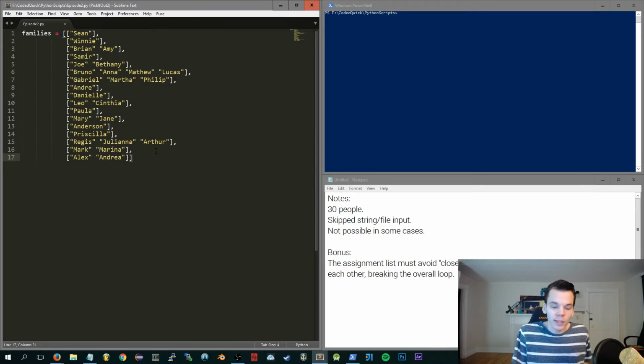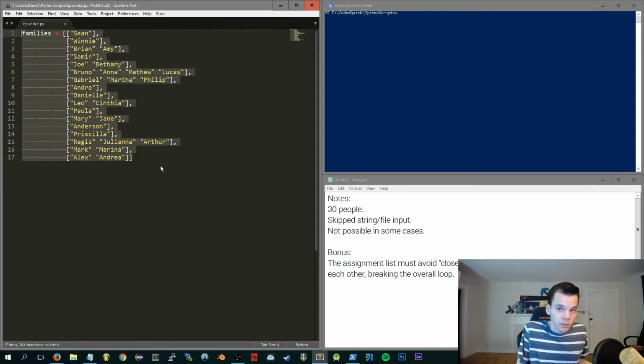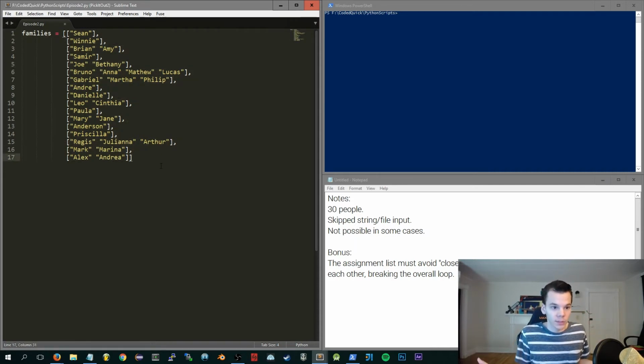Step 1 for basically every solution I could come up with was to get it into a list of lists. Each element in the list is a family, and each family is a list of strings which contain the people's names. I'm skipping that because each language can have little tricks to do it. It just doesn't seem really relevant to the real thinking part of the problem. So, anyways, I just typed it out.